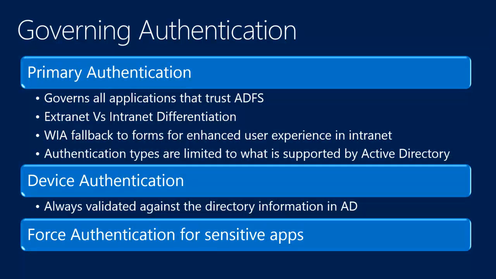These tend to be sensitive in nature. Now, to support that, we also have a notion on a per application basis. You can just enable a checkbox that says that if the user accesses this application, I want them to provide a fresh set of credentials. It doesn't matter. And then the rest of the policy kind of kicks in as part of doing that. So that's also a new capability that we've added.